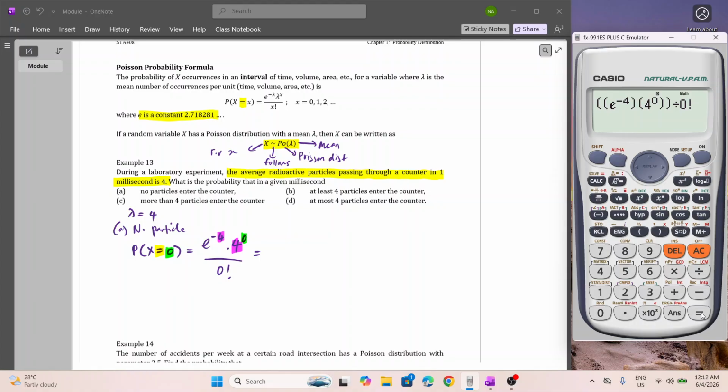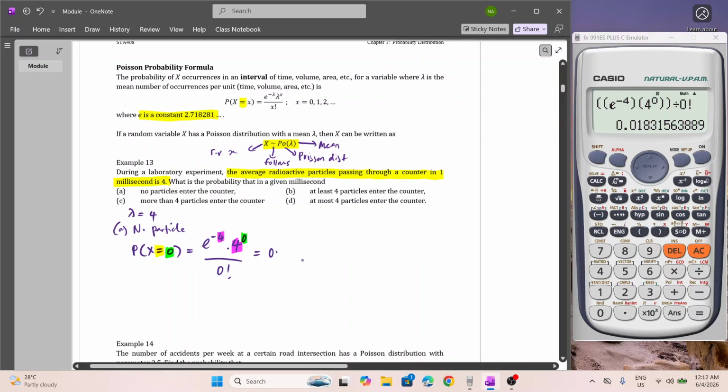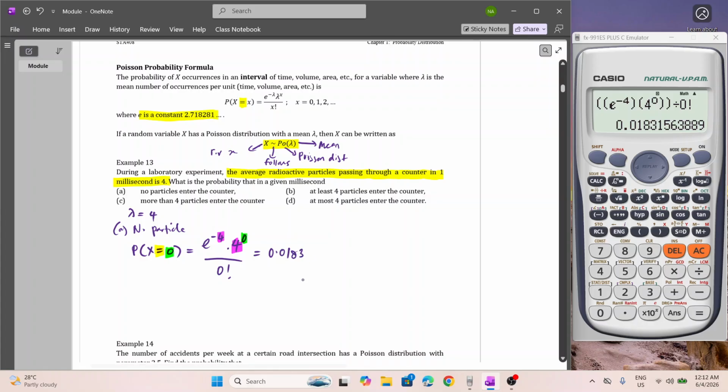Now you can click the equal sign, and the answer is 0.0183. That is the answer for the first question.